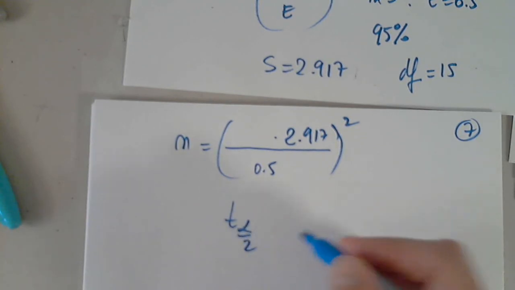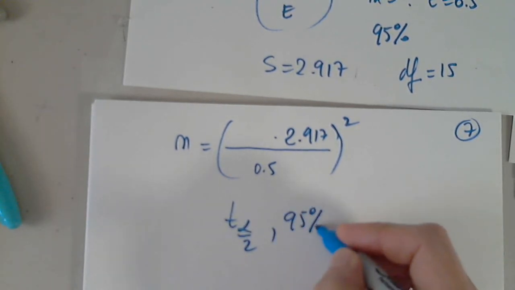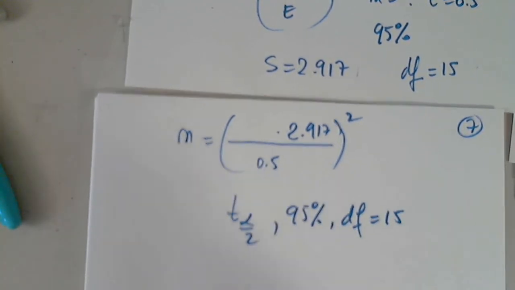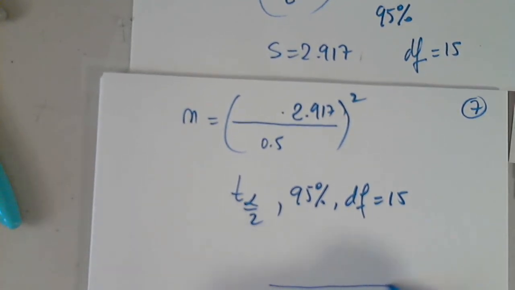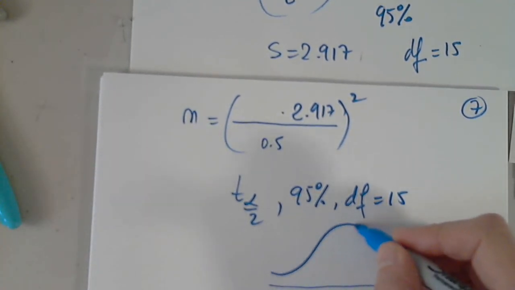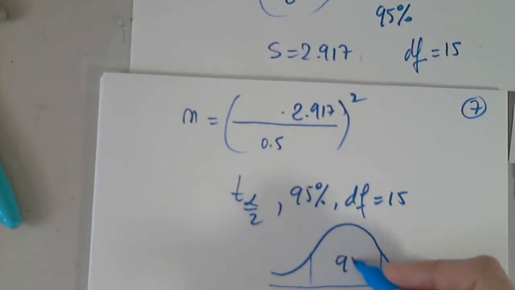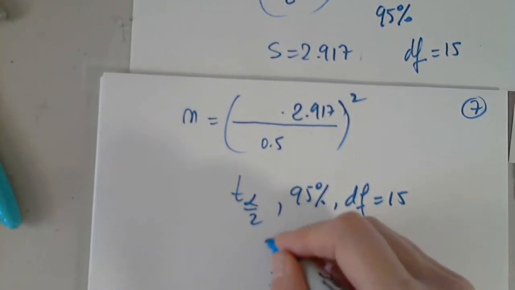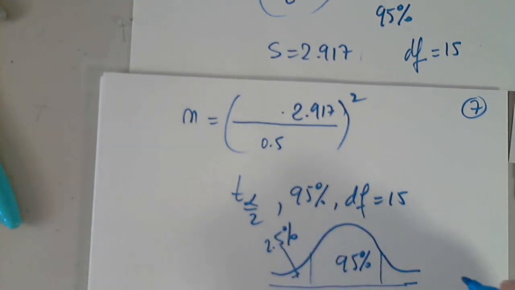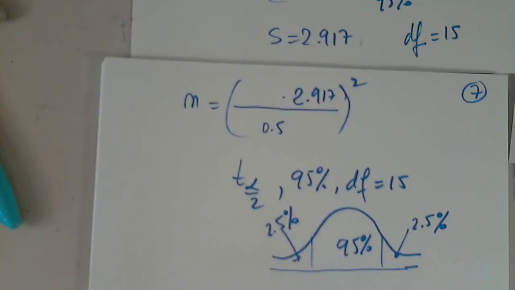So T alpha over 2 for 95% and with degrees of freedom 15. Again, I'm going to graph it in a little more detail than the Z distribution. This is again 95%, and this is 2.5%. I think we determined it, but anyway, we need it again.